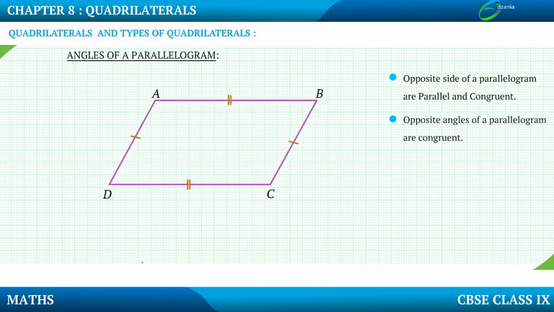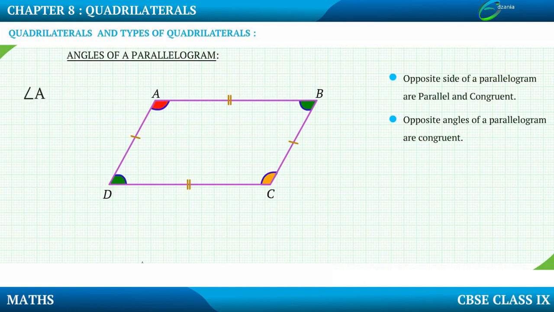Opposite angles of a parallelogram are congruent. Angle A and angle C are the first pair of opposite angles. Angle B and angle D are the second pair of opposite angles. Opposite angles are congruent.